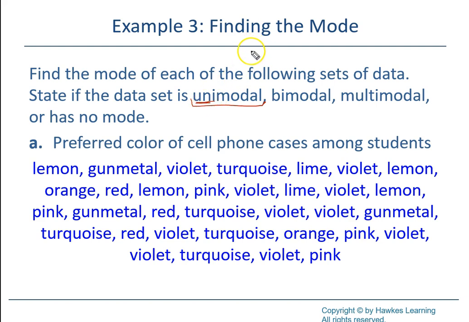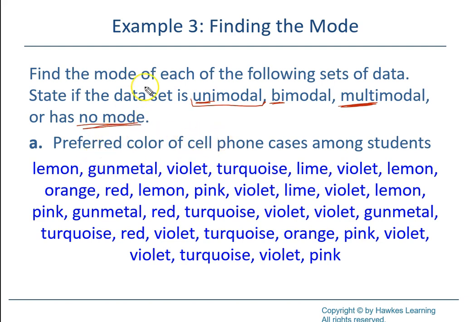If there were two that had the same value and they were larger than the others, this would be bimodal. And if there were a number that had large counts compared to the rest of the data, we would say it is multimodal, that is many. And then there are cases where the items are just used once. There would be no mode.